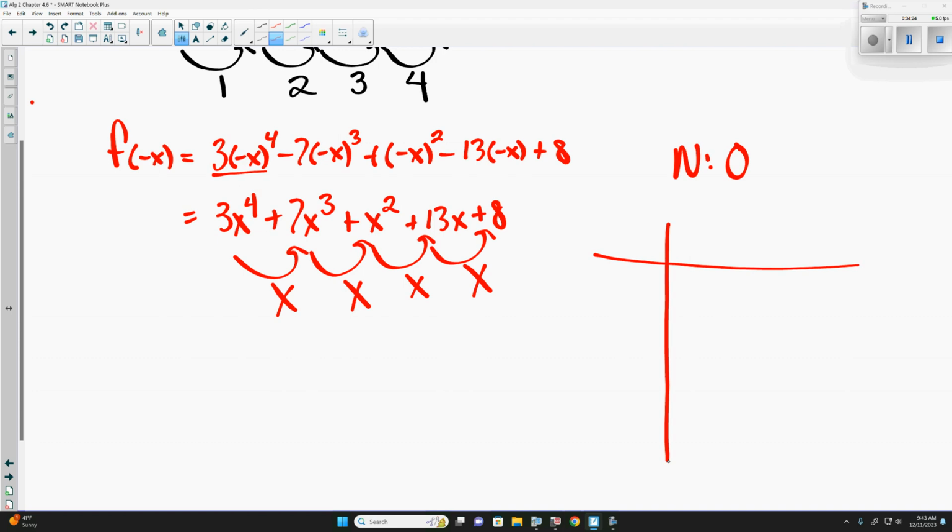So now we do our table. Positives, negatives, complex. Always start with the most of each. 4 positives and 0 negatives. And we want 4 because the degree is 4 and we have all 4, yes? Can we subtract 2 from 0?